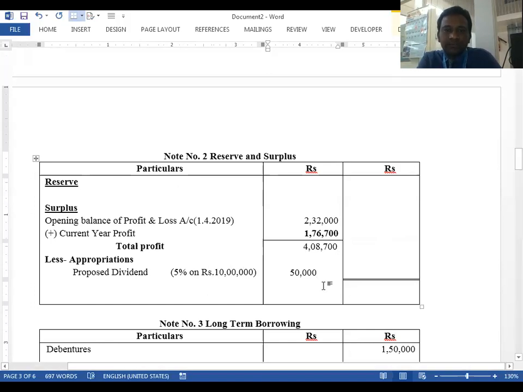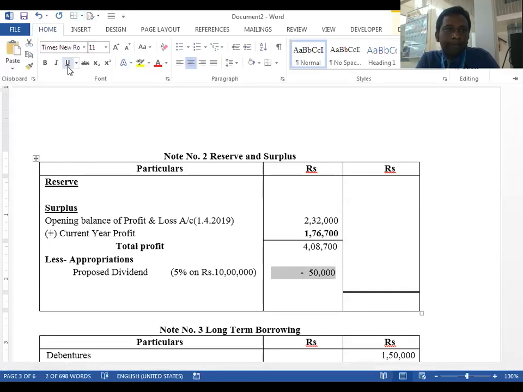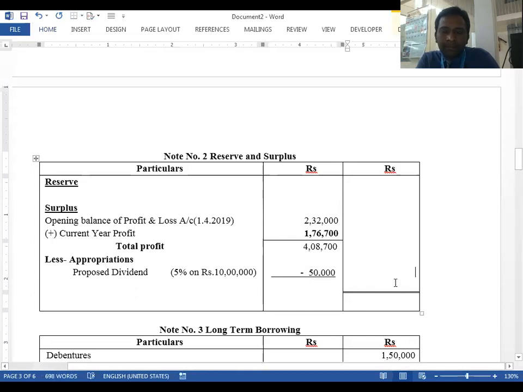Is it clear? Very good. Now 4,08,700 minus 50,000. The rest amount is 3,58,700.